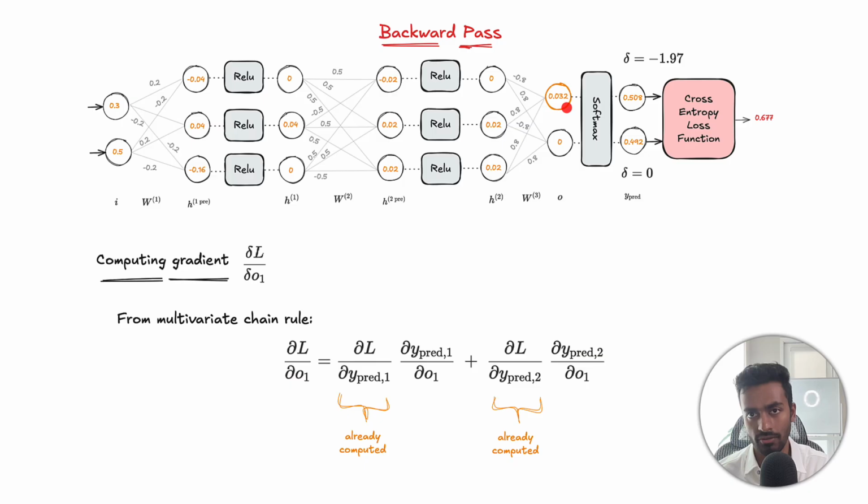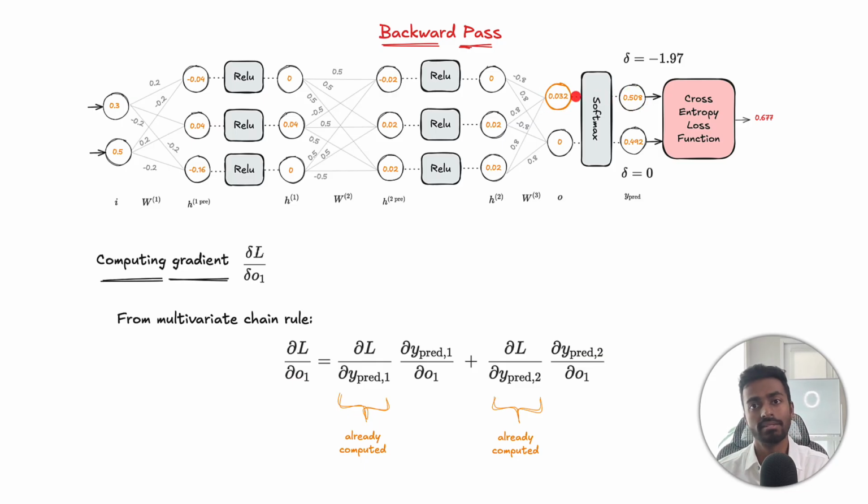Now we'll move on to this neuron over here. How much does this loss change when we change the value of this neuron? That's going to be quantified by this delta L by delta O1. To do so, we cleverly use a trick, which is the multivariate chain rule. This helps us use previously computed gradients in order to compute the gradient at this point. The intuition here is that, to find out how much changing this affects the loss, we can use how much changing this affects the loss, and then multiply it by how much this neuron changes this neuron here.